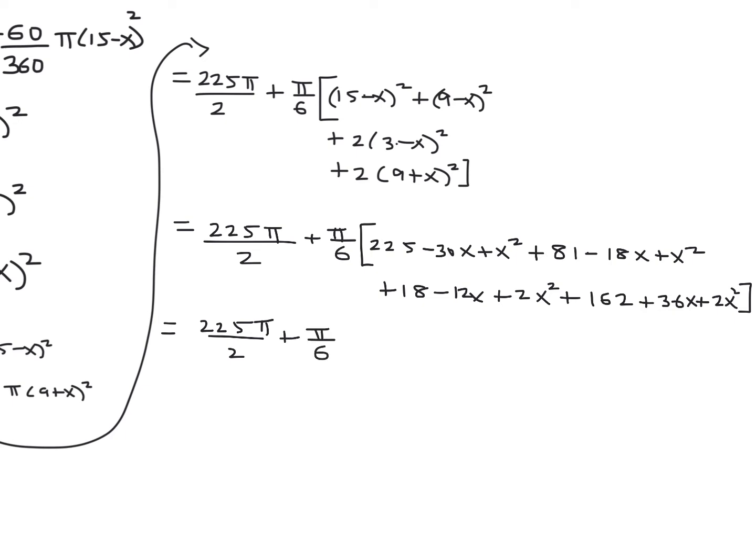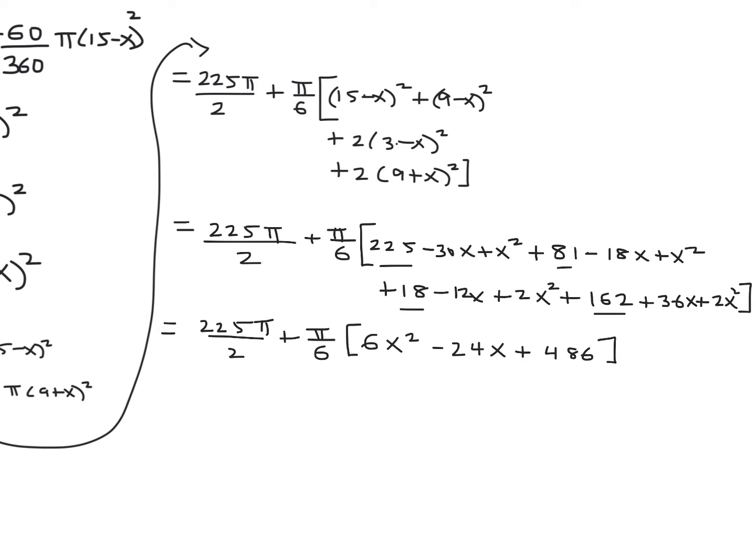Now we got to add all these like terms up, and when I do, I'm going to get 1, 2, 3, 4, 5, 6 x squared, and then it'll be minus 24x, and then 225 plus 81 plus 180, 486.